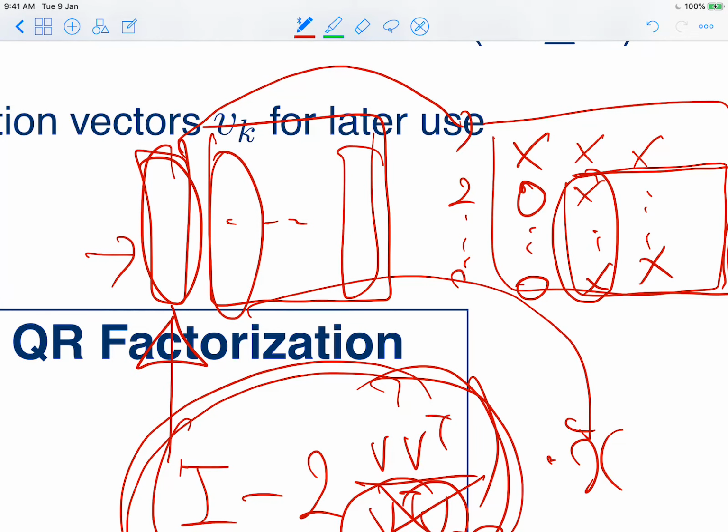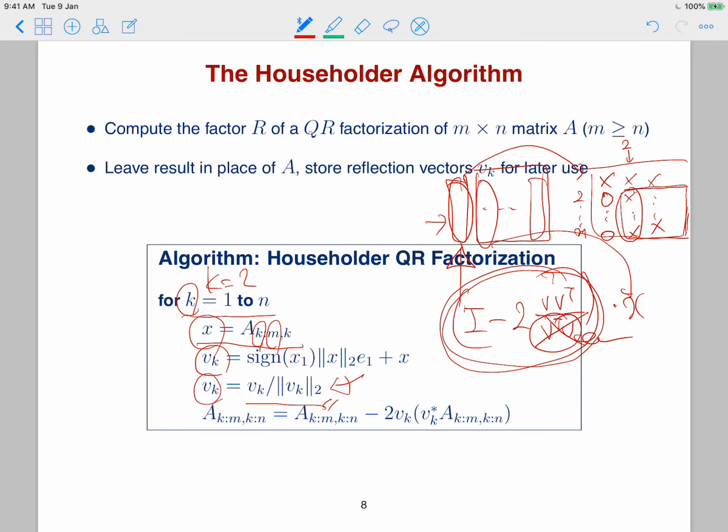So this is 2 to m, right? And then we are at the second column, right? So this is the vector that we handle at this moment, and then we form this, okay? And then there is this embedding of a submatrix, with I on the first block diagonal part and the second diagonal part as our reflector matrix.